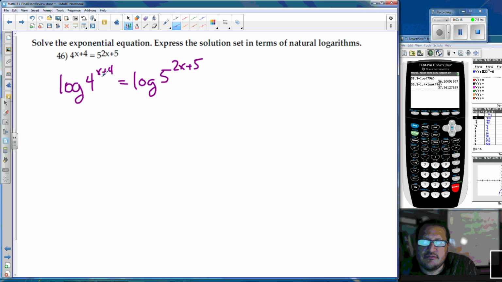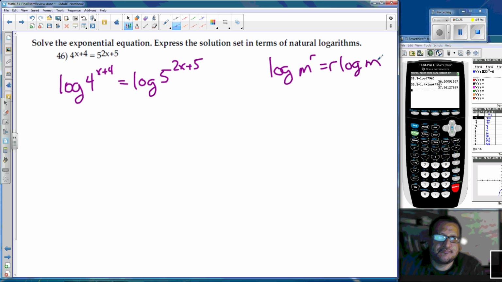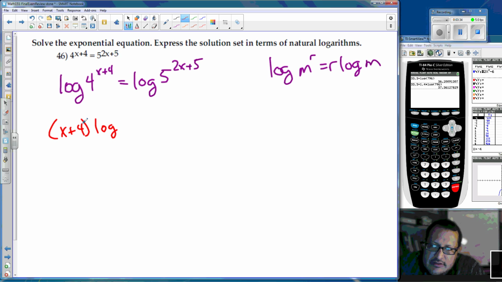Now, remember the power rule of logs: the log of m to the r power is r log of m. So I can bring out the exponent in front. I'm going to put parentheses around it because it's important that both of these get the log 4.